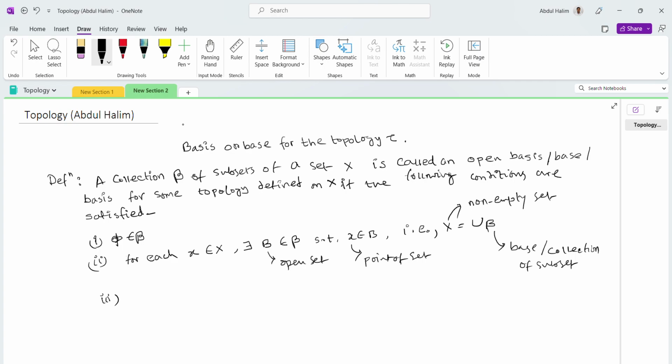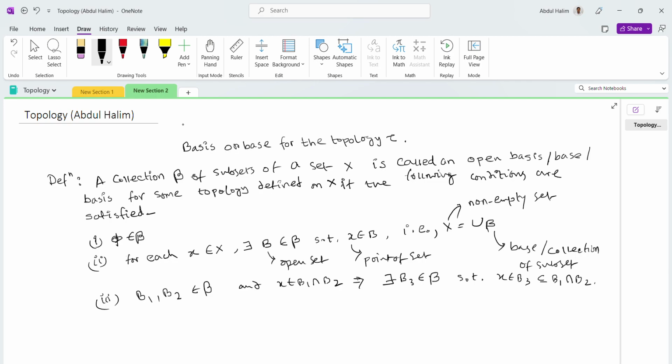If this condition is satisfied, then the last condition: if B1 is an open set and B2 is an open set, both belonging to the base or collection family beta, and x belongs to B1 intersection B2, there exists B3, another open set in the family beta, such that x belongs to B3, which is a subset of B1 intersection B2.